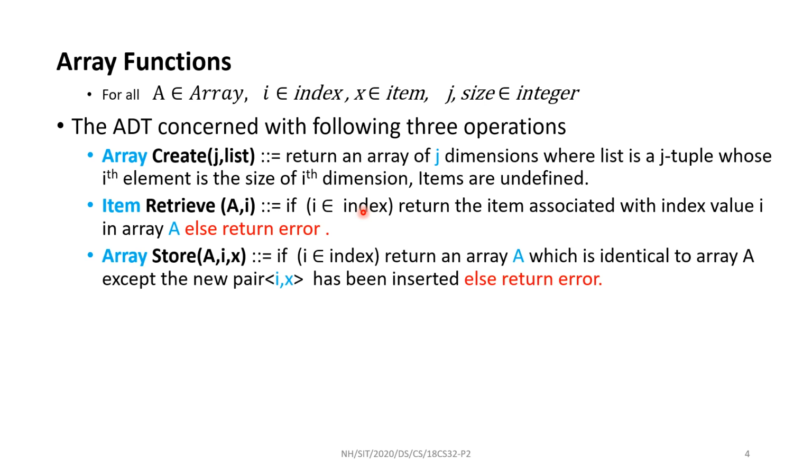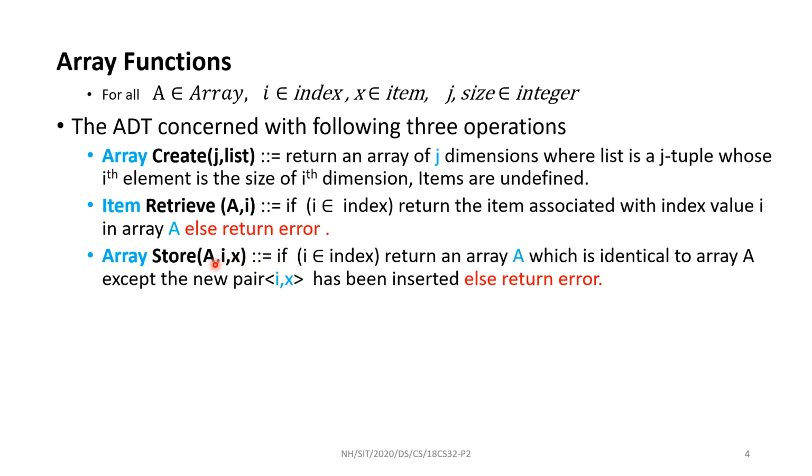Another function is the store function. With the store function, I can put an element in the array. For that, I need to send at least three parameters: the array name, the index where you are going to put it, and what you are going to store, the X value. Here, I is an index, X is the data item.